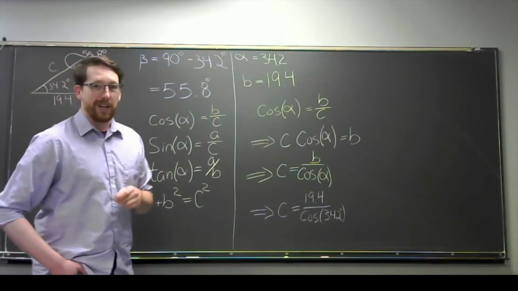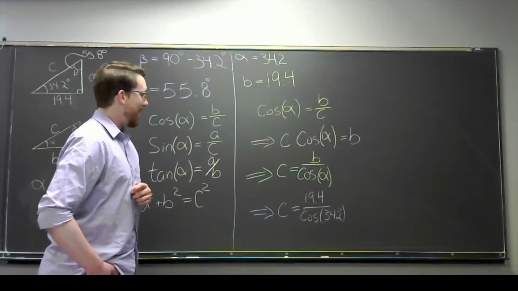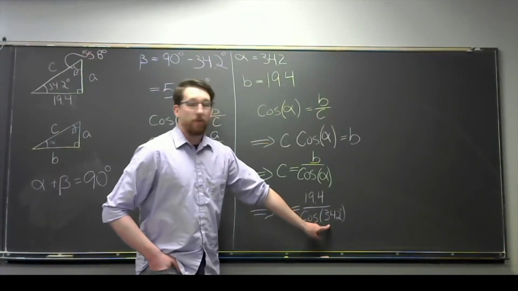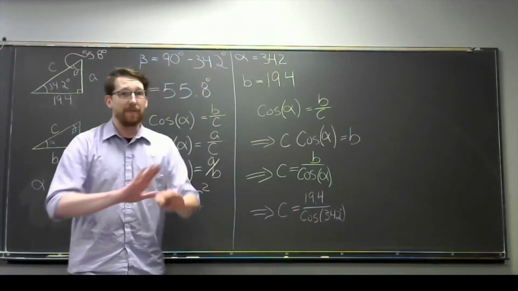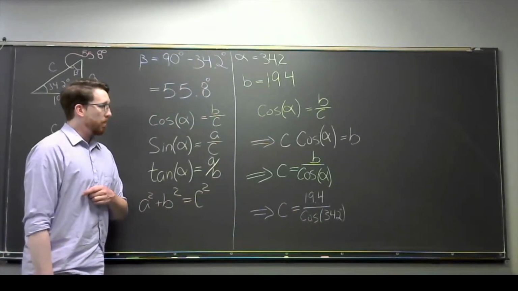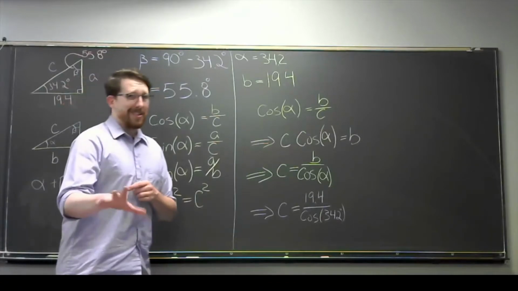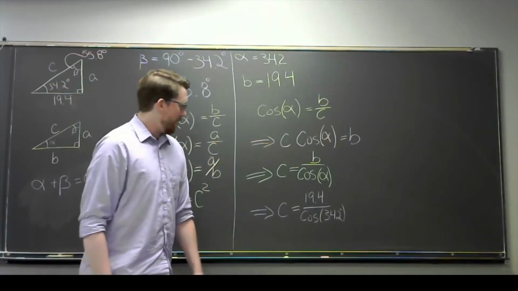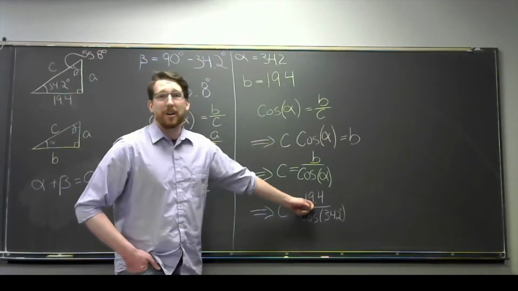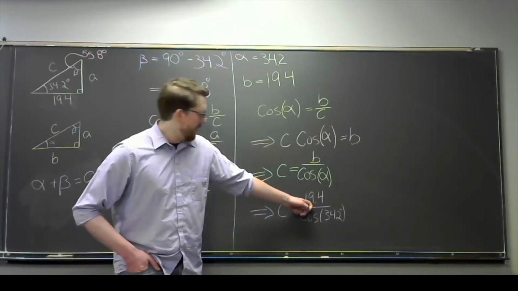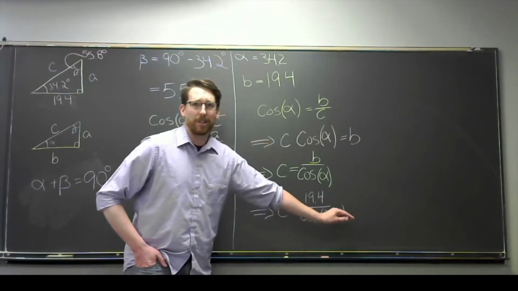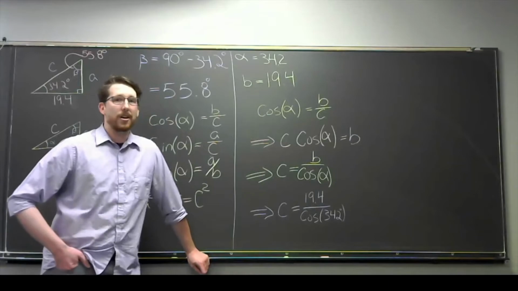Now this is the part of the lecture where you discover I don't know everything, because I don't know what the cosine of 34.2 is. I have no idea. I know it's not going to be a nice, even number to divide by. So I'm not going to know what 19.4 divided by cosine of 34.2 degrees is.